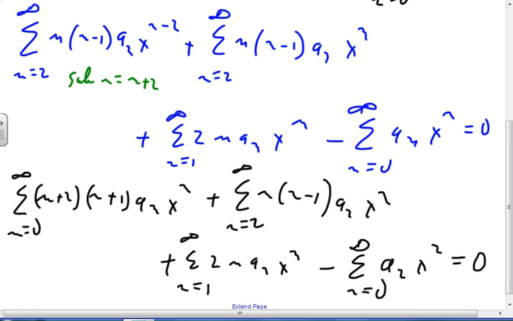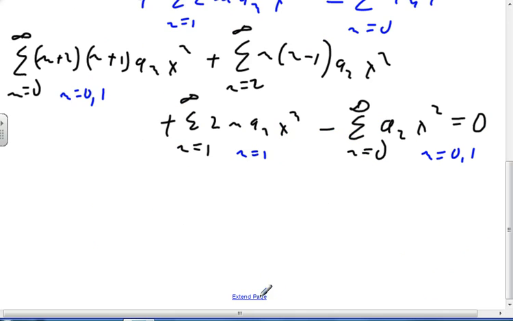Okay, I'm going to take the n equals 0 and the 1 term out of him, the n equals 0 and 1 out of him, and when I get done I'll have one summation sign. All right, so n equal to 0, 2a0, plus 3 times 2, 6a1x.